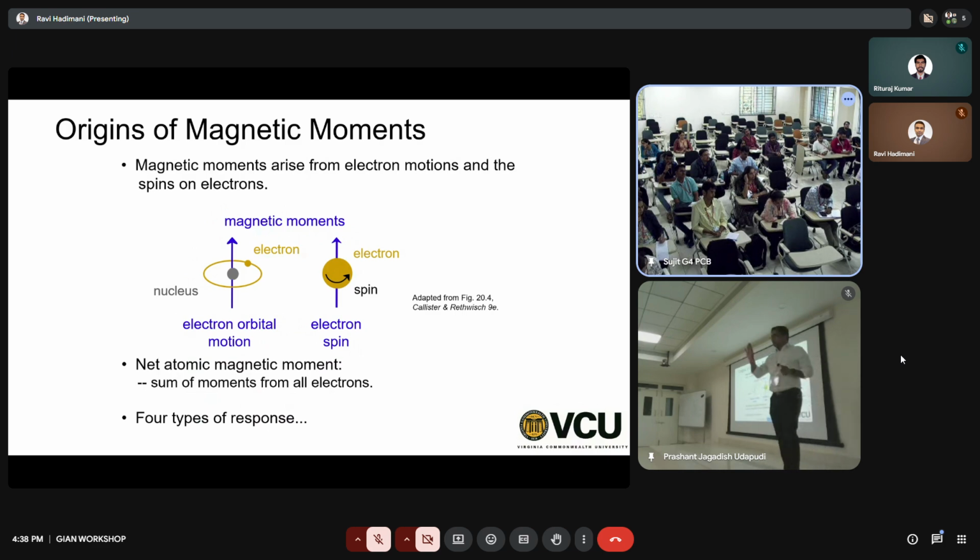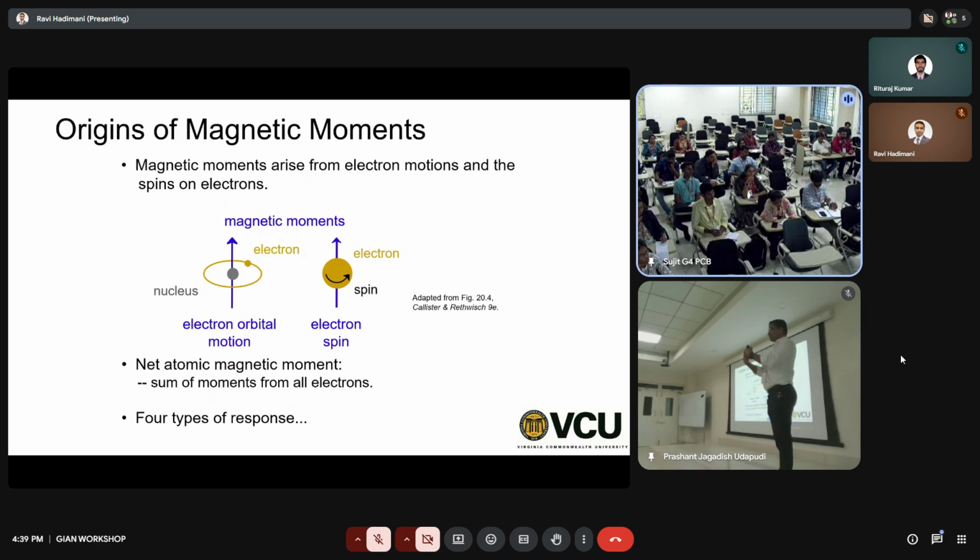The story is not over yet, because individual elements don't occur as individual atoms, right? Atoms combine, and the way they combine is, again, the spins cancel out. When atoms form molecules, the spins cancel out. It's very difficult to have unpaired spins, because unpaired spins mean it is carrying energy.